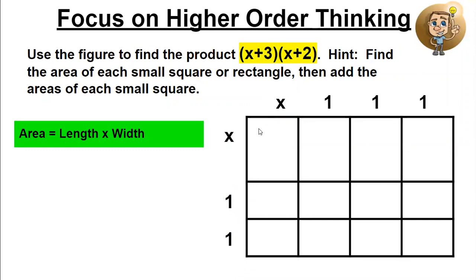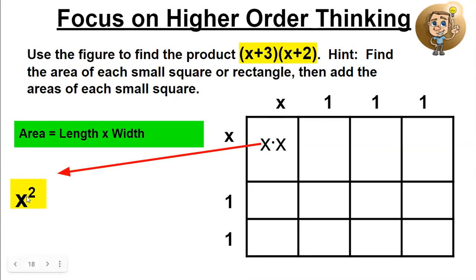So now we figure out the area of each inner part. So this is x times x, length times width, x times x, or x squared. So that's x times x is x squared. This one is going to be 1 times the x, right? 1x. This one is also 1 times the x.